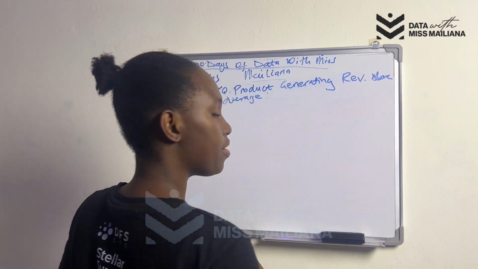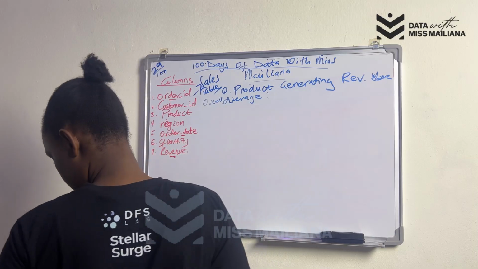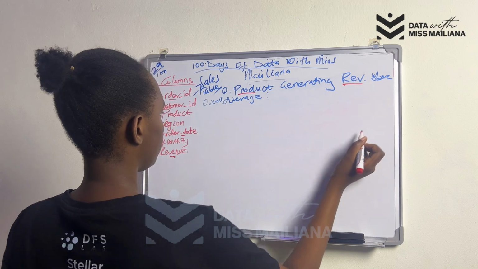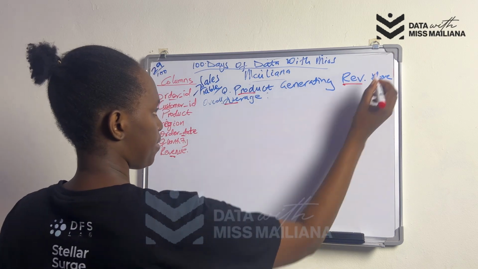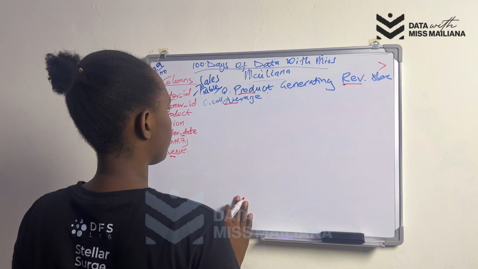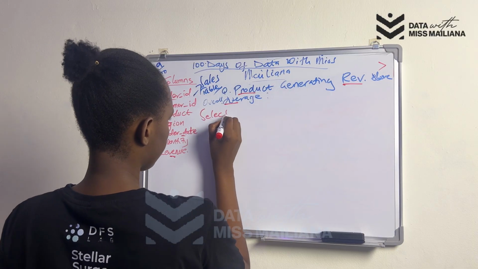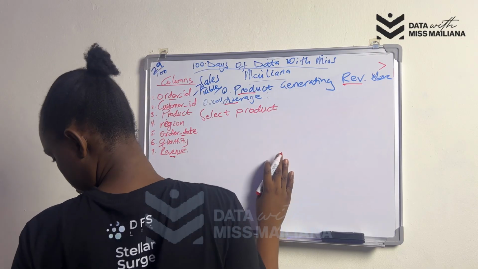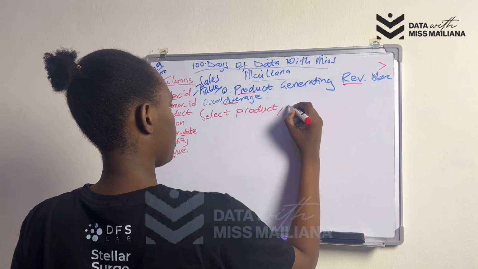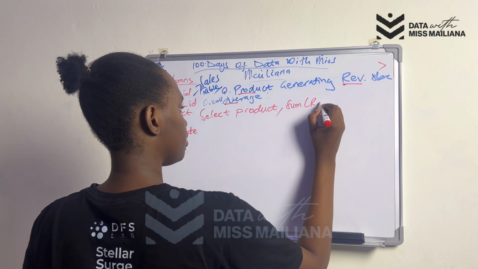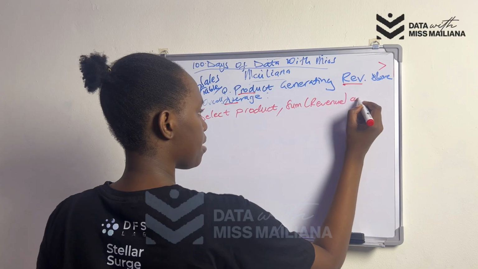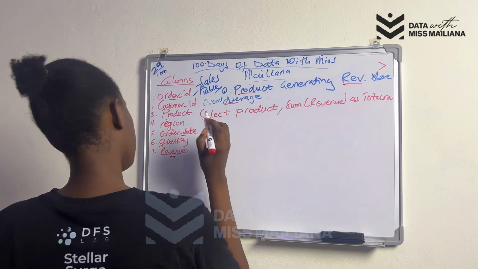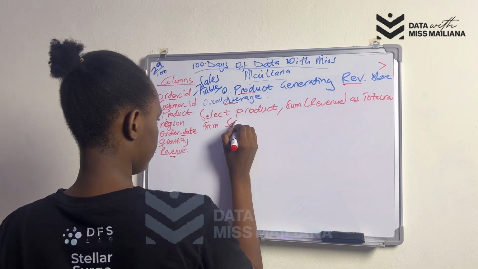Our query is going to be lengthy, so I'm going to read as we go. First and foremost, we look at product revenue against the average. So we are going to select product, then sum the revenue, and name it total revenue, from the sales table.